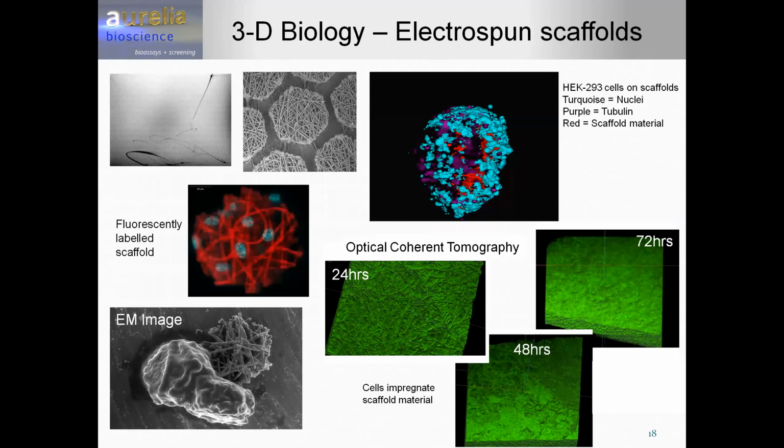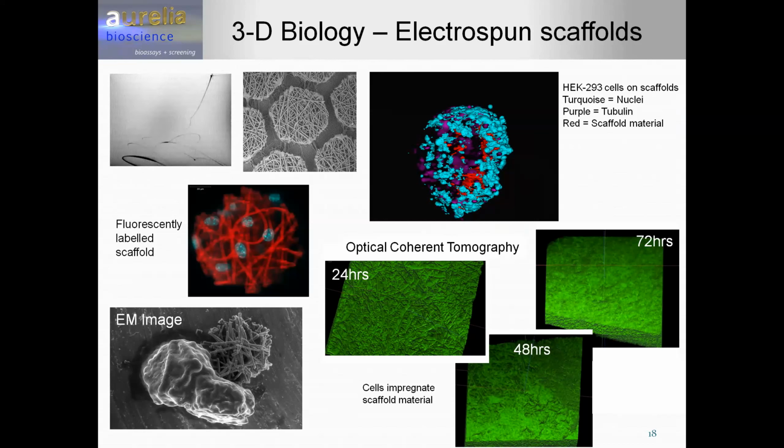Lastly, coming back to this Electrospun fiber technology, one other thing that we can do with it is that we can put a fluorescent dye into the material when we're making it, which is shown in the red image. And so what that means, you can see there, is that by using something like confocal, or by using light sheet microscopy, which is shown top right, we can distinguish the cells.